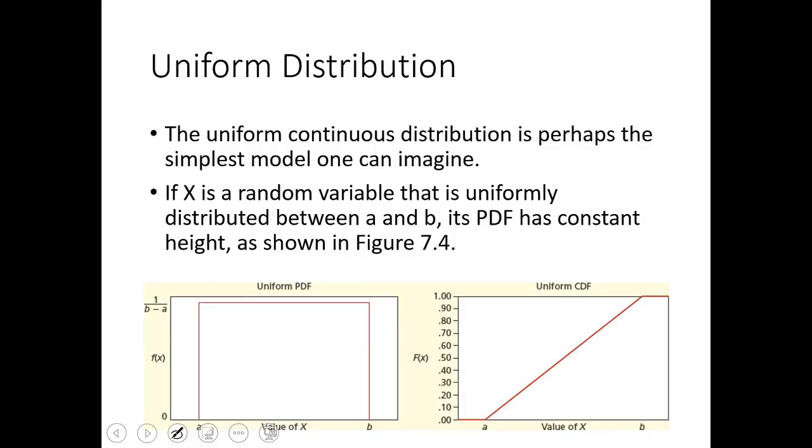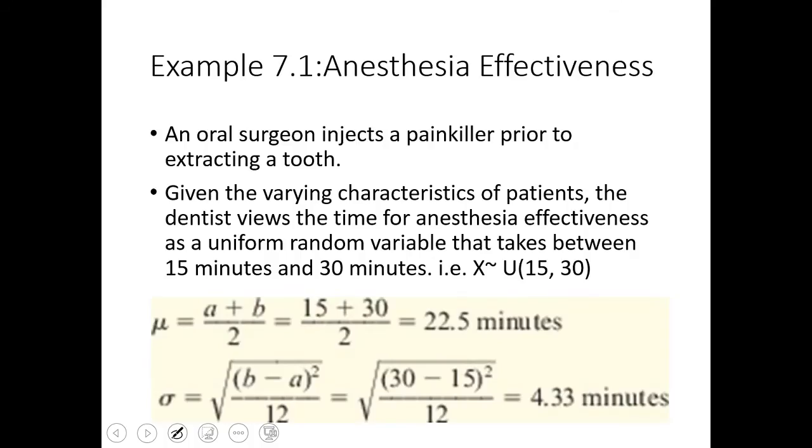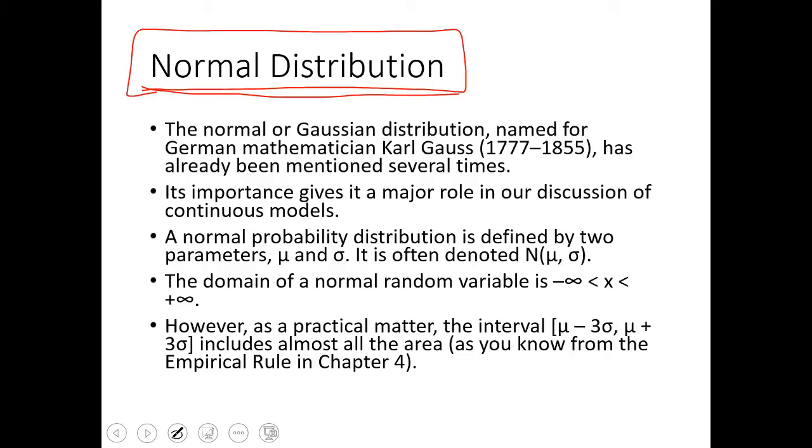And we will study the continuous random variables one by one, but let's skip the uniform distribution because it is so simple. Let's study the normal distribution in this chapter. We could study the exponential distribution, but it is not so important in this course.